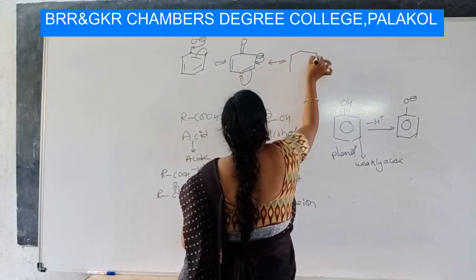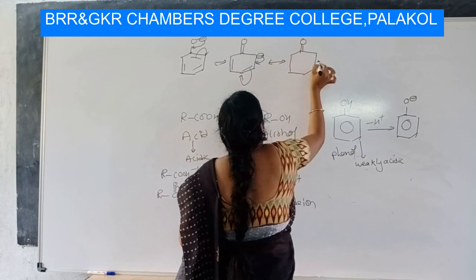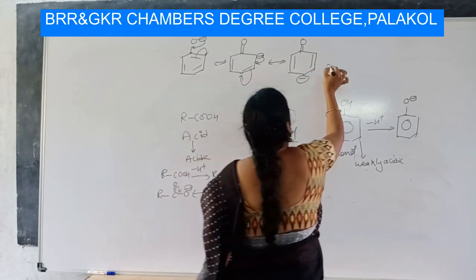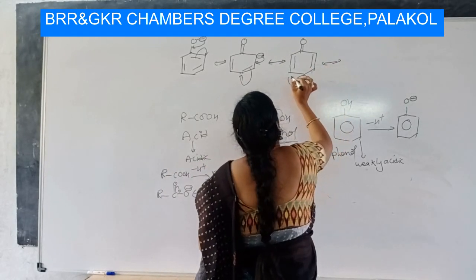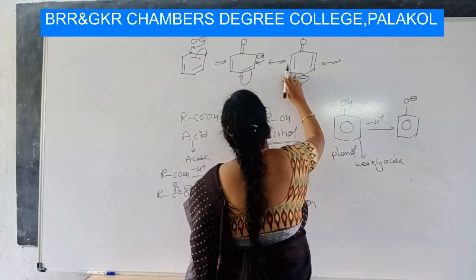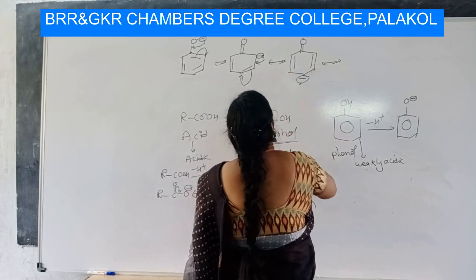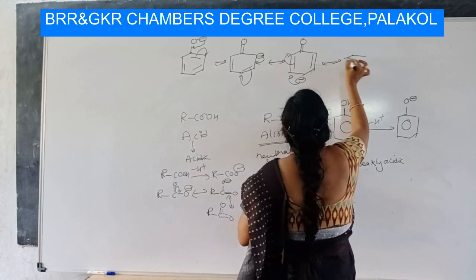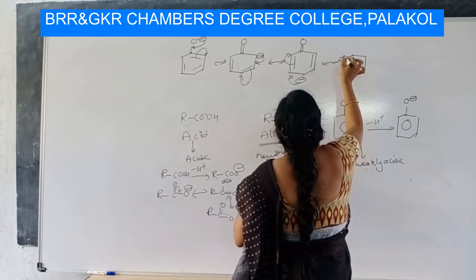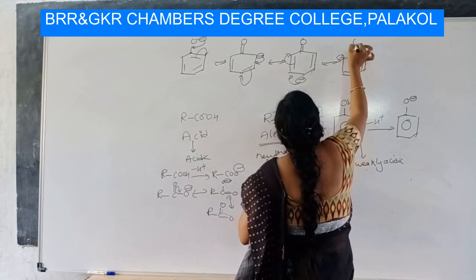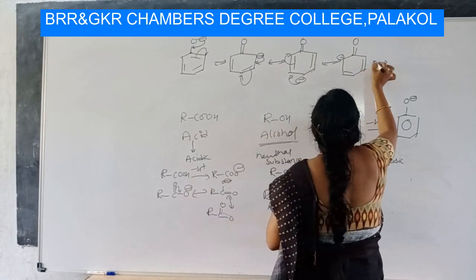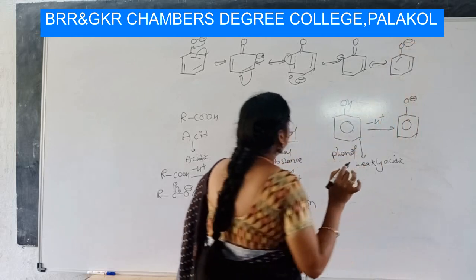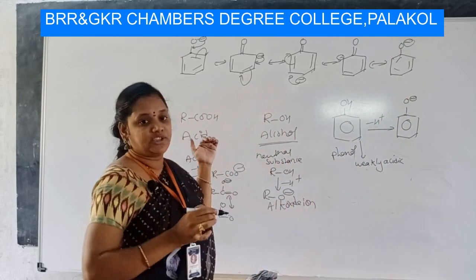Then double bond O here and a bond here, minus charge here. Next, this minus charge becomes a bond here and the bond becomes a minus charge. You will get a minus charge here in a resonating structure, and finally the last structure gives phenoxide ion. So phenol forms this many resonating structures.